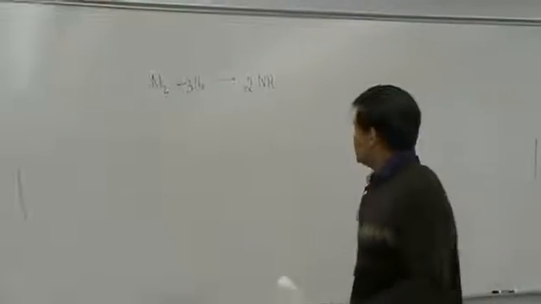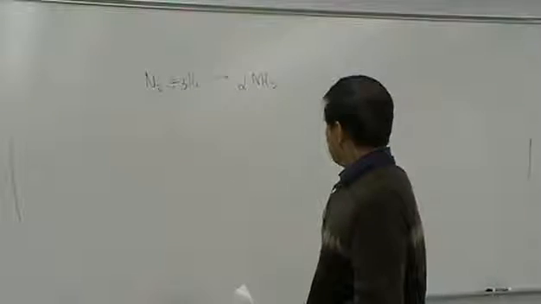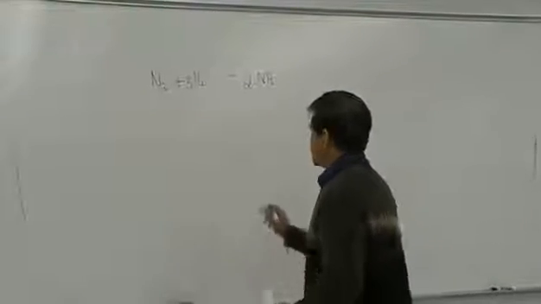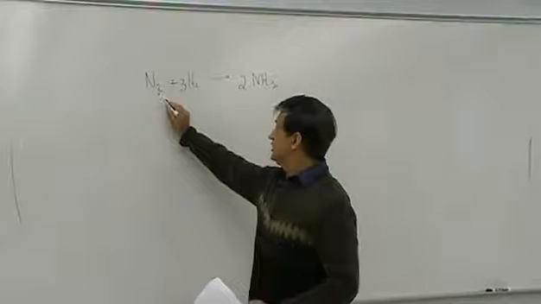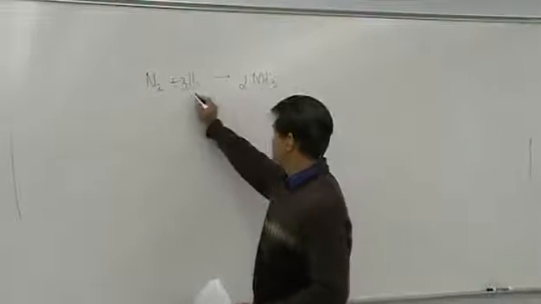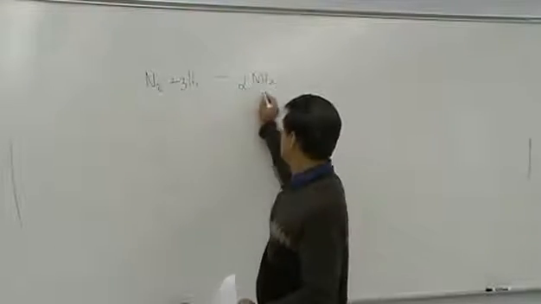So 1 nitrogen, 3 hydrogen gives me 2 moles of NH3. You can double check the balancing. 2 nitrogen, here also 2 nitrogen, 6 hydrogen, here we have 6 hydrogen.